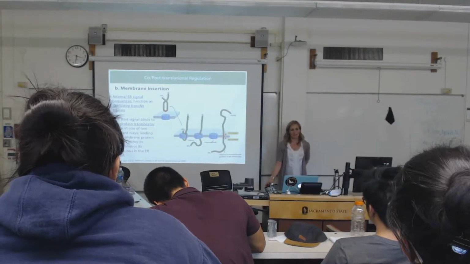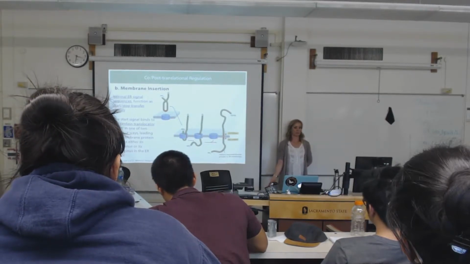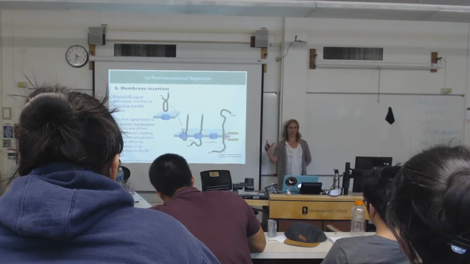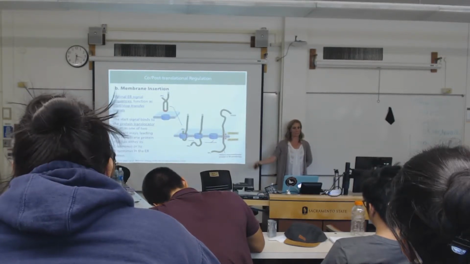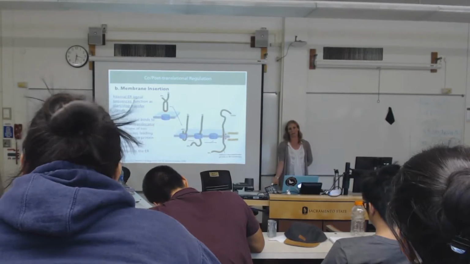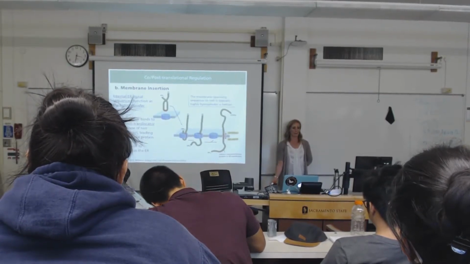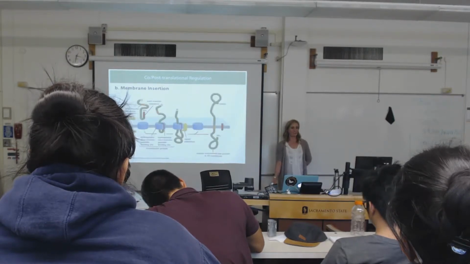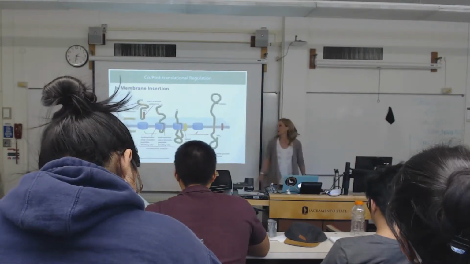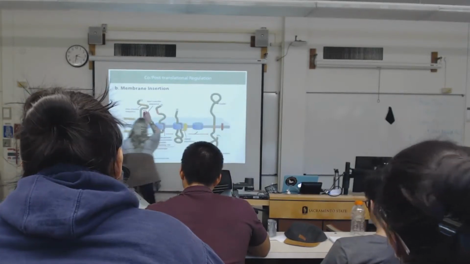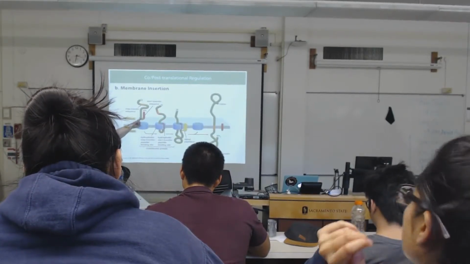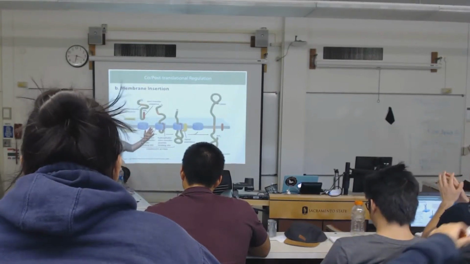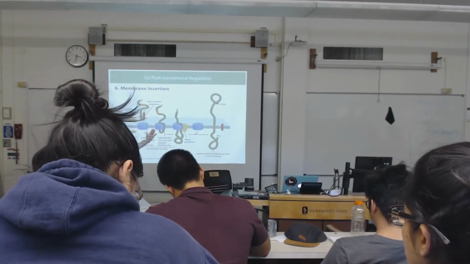This is an example of an internal ER signal sequence. A lot of times they're actually at the very N-terminus of the protein, and that's what's shown on this slide, where you have this N-terminal ER signal sequence that is the first thing recognized by the protein translocator, and it weaves the peptide across.